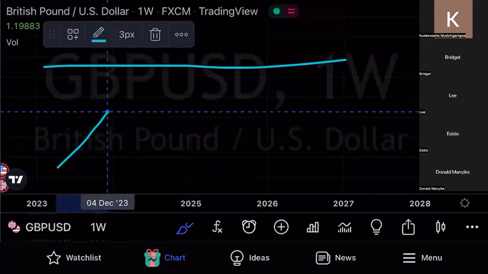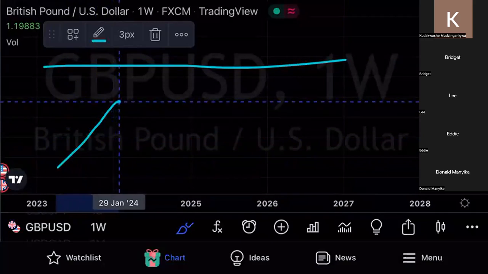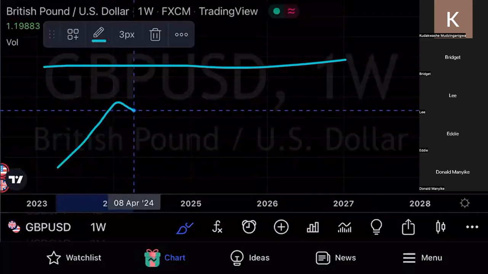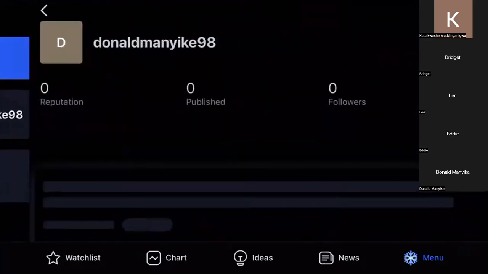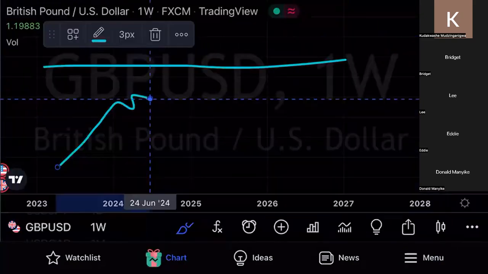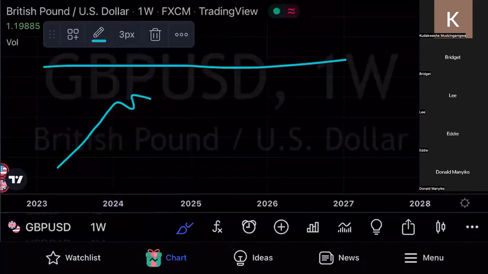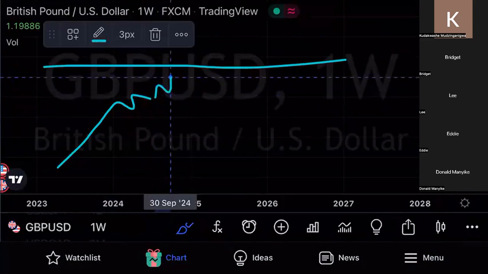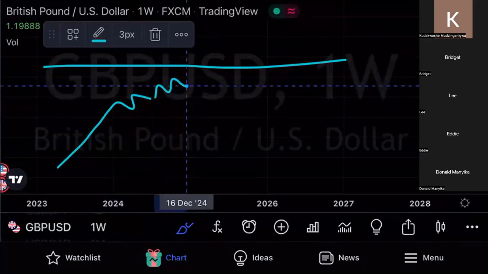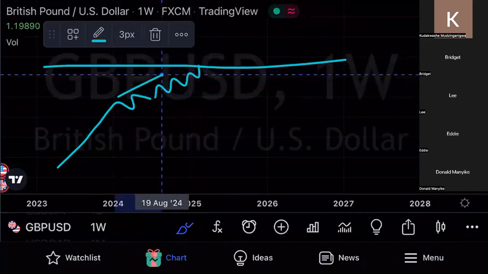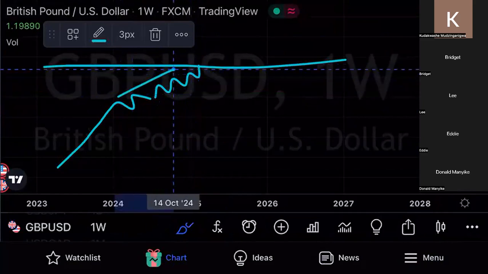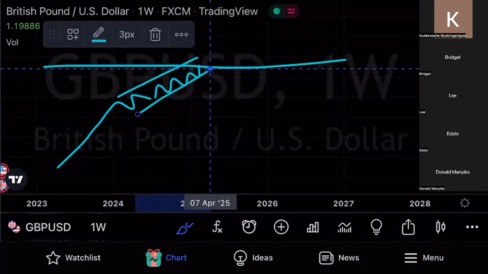But before reaching our resistance, momentum starts weakening, forming more of an ascending channel. If we approach our resistance like this, what do you think is going to happen based on probabilities?